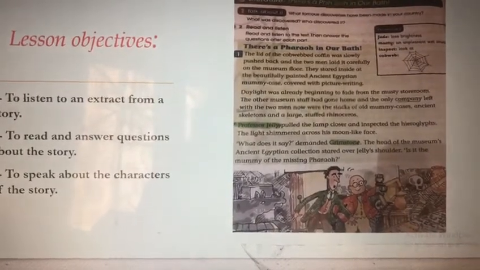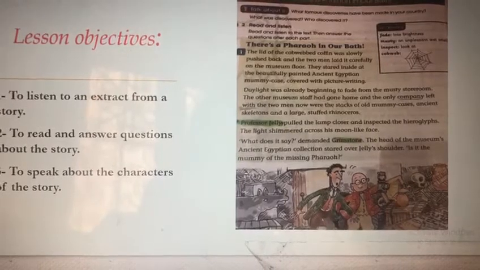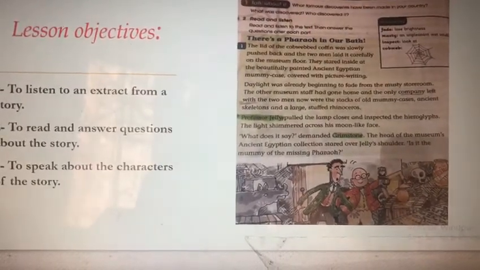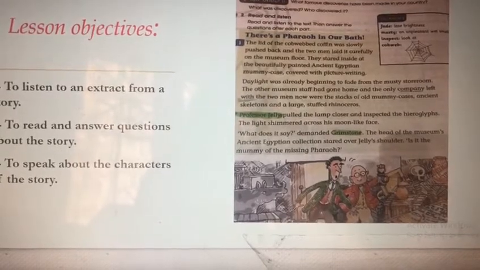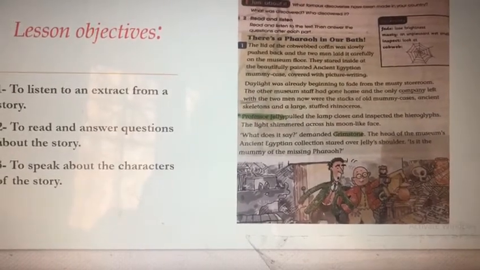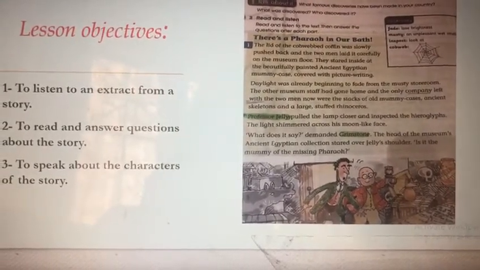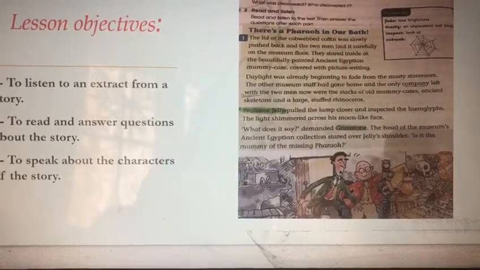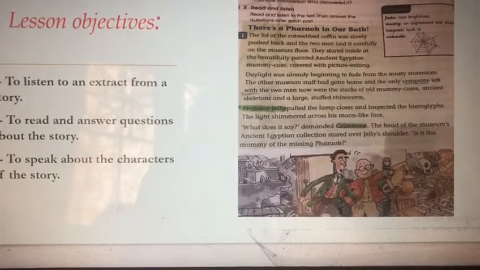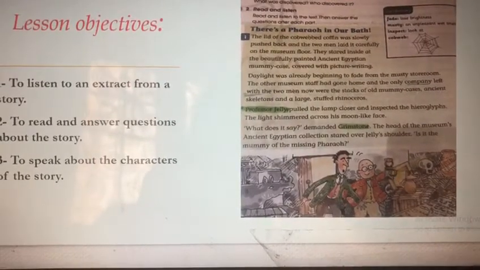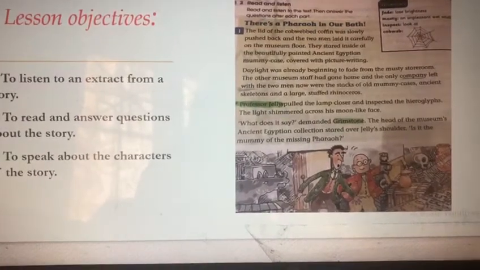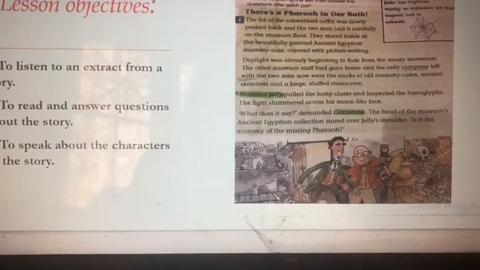I'll give you 2 minutes for this. Quickly. So Grimston is the principal, the manager, or let's say the head of the ancient Egyptian museum. Which one do you guess is Grimston? Can you guess? And which one is Jelly?